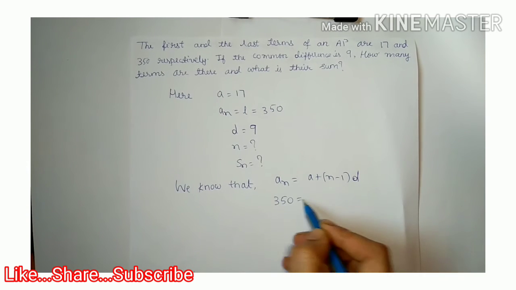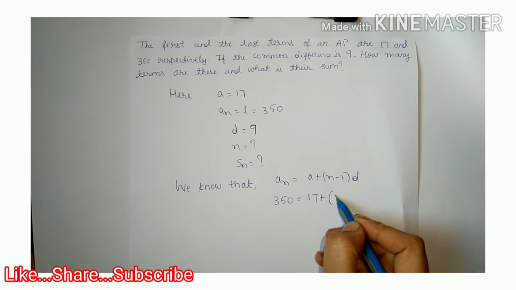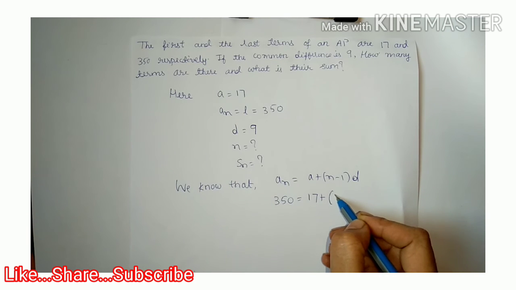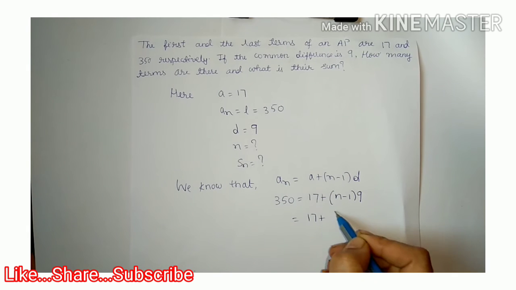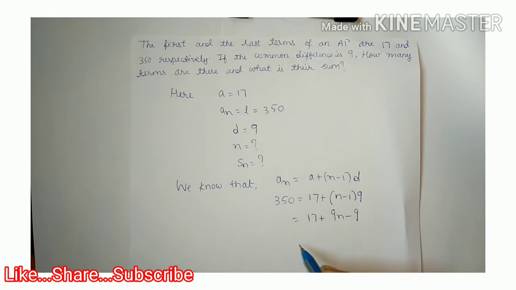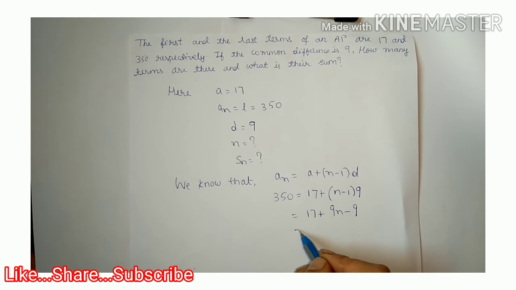350 is equal to 17 plus n minus 1, d is 9. 17 plus 9n minus 9, that is 9n plus 8, is equal to 350.